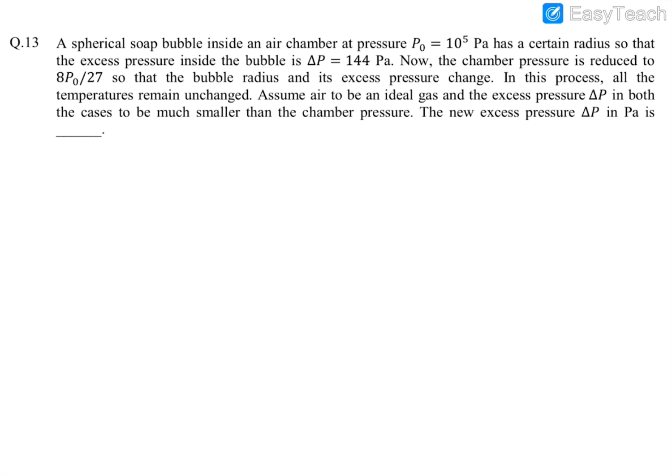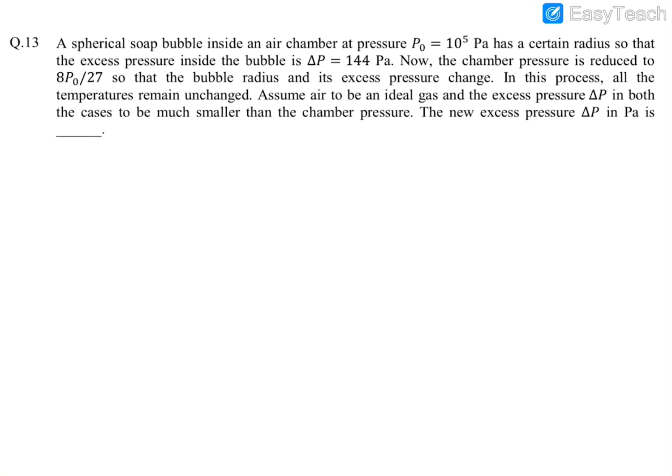And now the pressure inside that chamber and outside that bubble is reduced to 8 P naught by 27. So the bubble radius and its excess pressure change. In this process, the temperature remains unchanged, and assuming that air is an ideal gas, we have to find out the excess pressure in the second case, considering the fact that excess pressure in both cases is very much less than the pressure of the chamber.